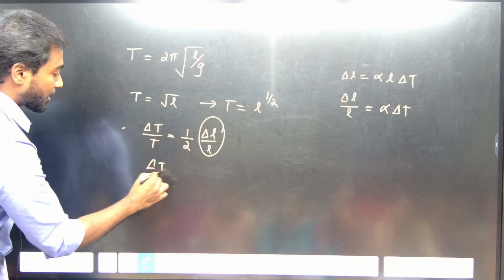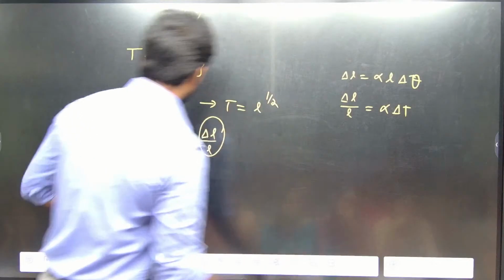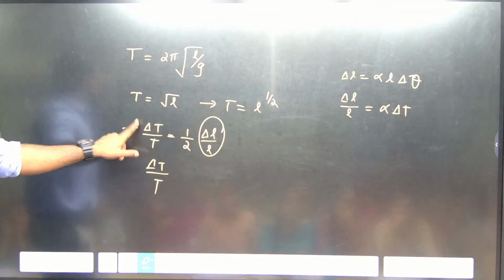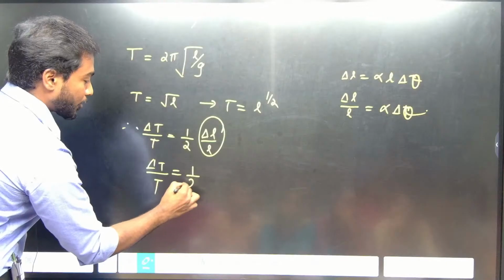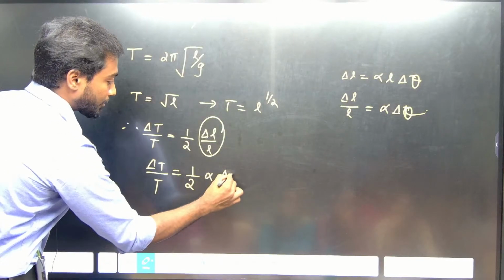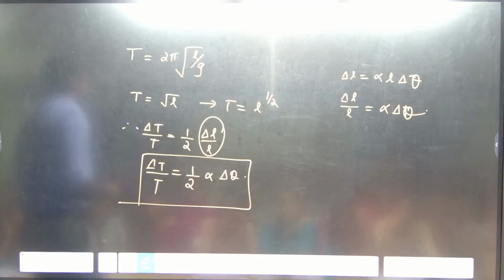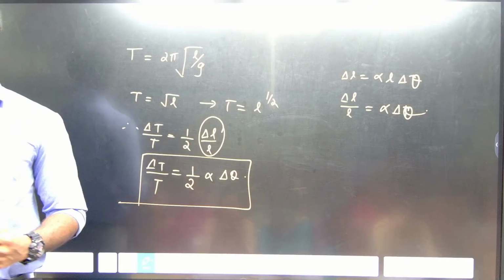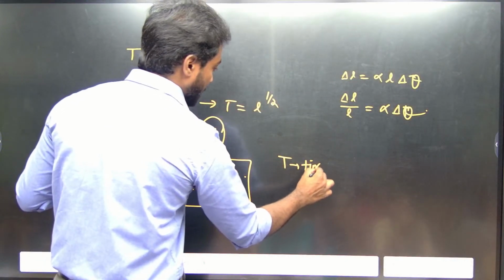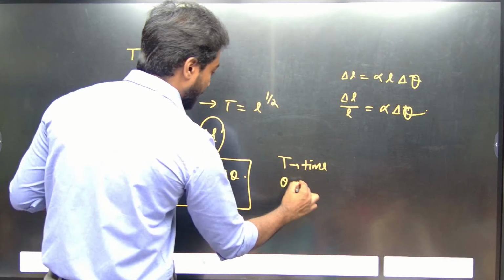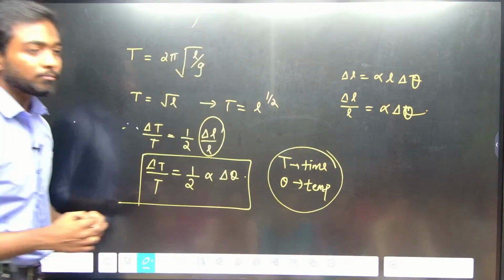So delta T by T, let me consider this as theta, since I am using T for time period, should be equal to 1 by 2 alpha delta theta. So this is the change in time period of the pendulum clock. In this, T is nothing but time and theta is nothing but temperature. Don't get confused between these two things, okay? Take down.